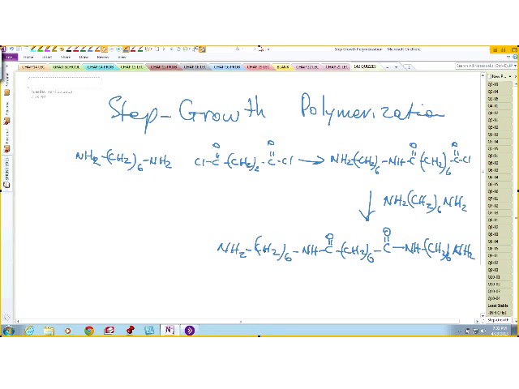And this process will continue until you get what we call, if you look at this, a chain of polyamide.